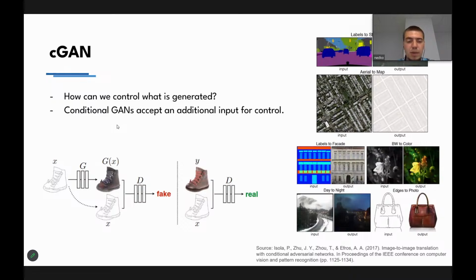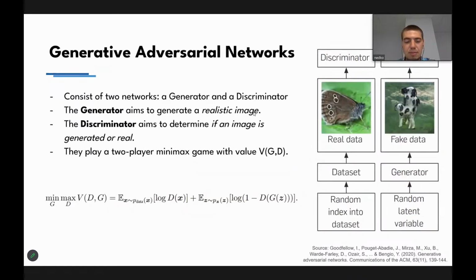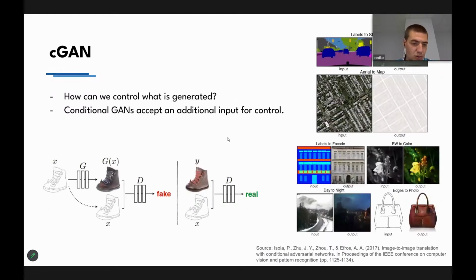Okay, but with this method, afterwards, you would be able to only give a noise vector and get an image. But what if you want to have more control? For example, you want to give a certain sketch of an image and get a realistic image of it, right? There could be many different conditions, as you can see here. Now, in order to do that, you just give a condition.